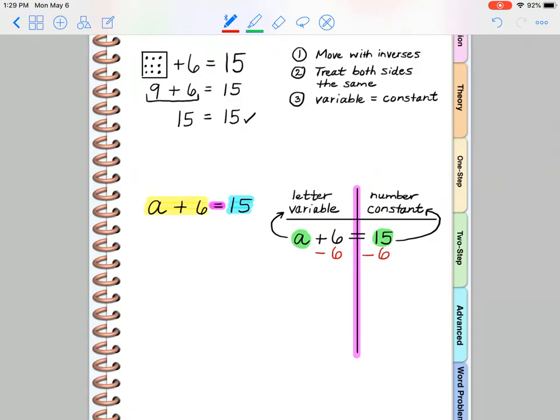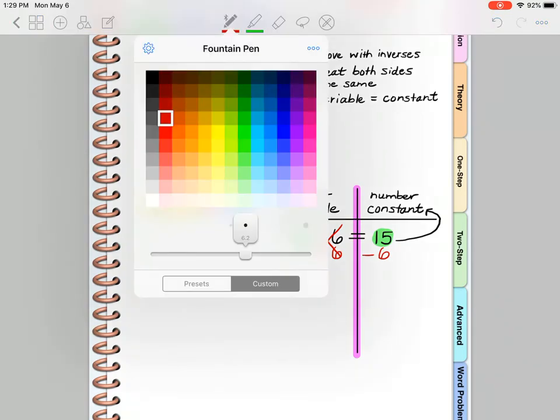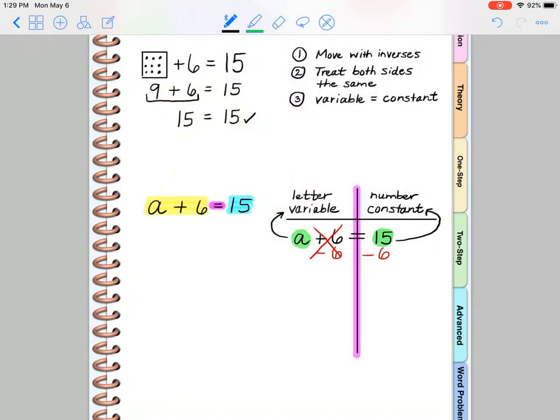So you have to do it to this side. And then I want you to cancel this part. The opposites right there, those inverses, cancel away. They become nothing. So you're left with the letter A.